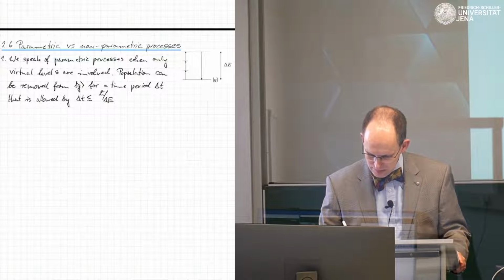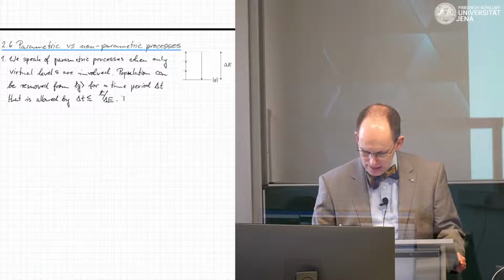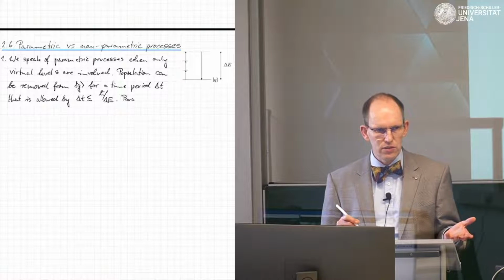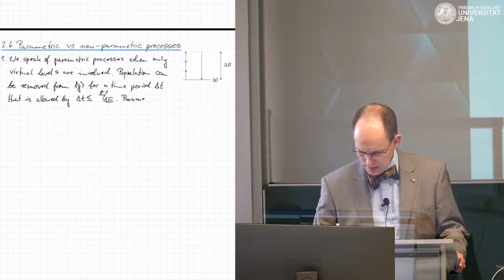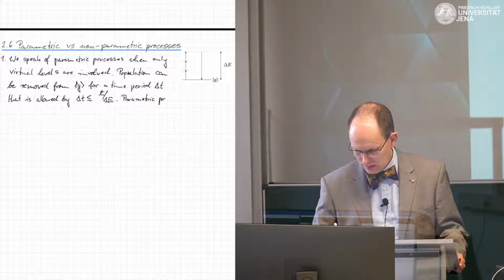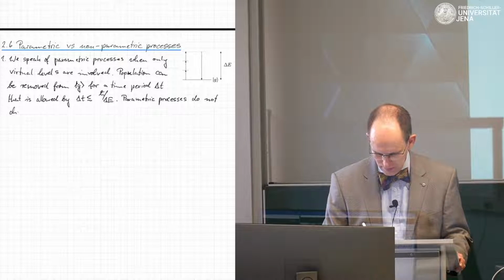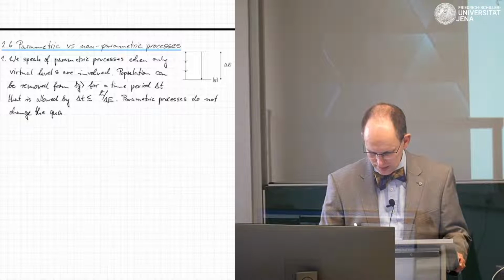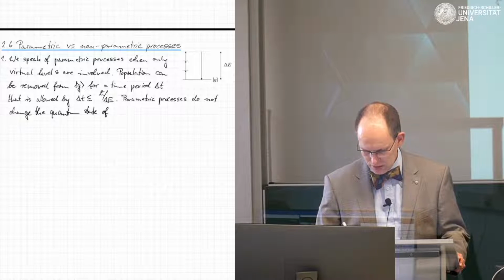This is the energy difference between the ground state and this upper virtual level. And you can also say it in a different way. Parametric processes do not change the quantum state of the material.